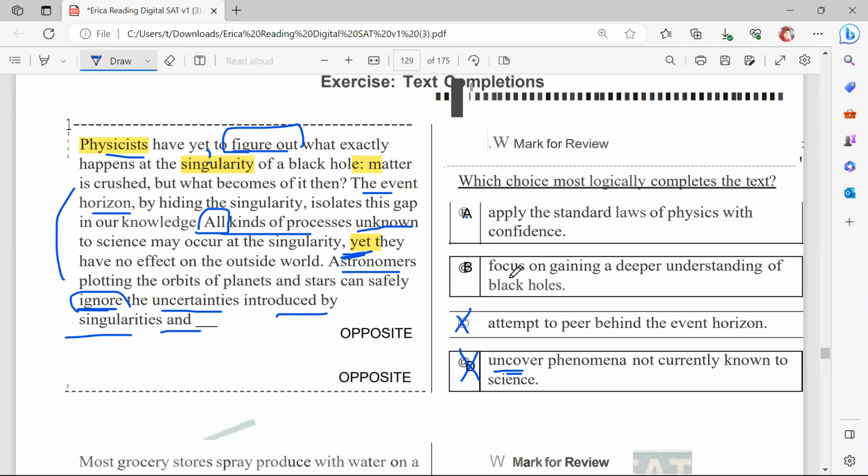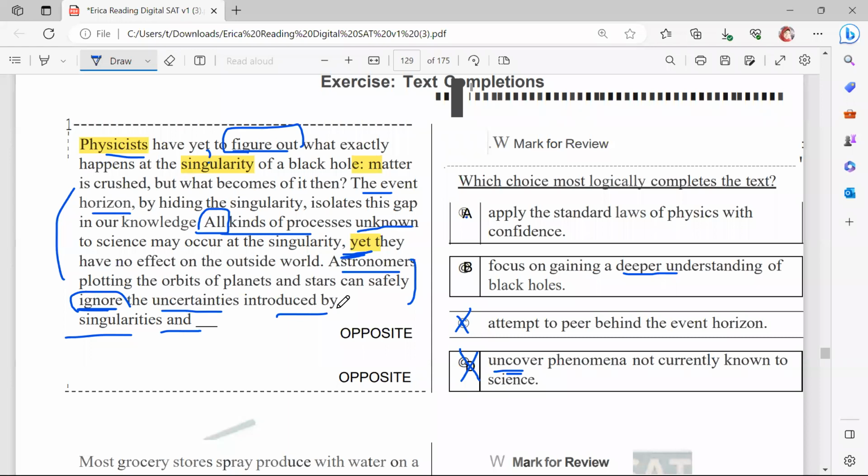Letter B: focus on gaining a deeper understanding of black holes. Does it go with the same tone here? We need to focus deeper on black holes? No, this choice B goes beyond the focus of the passage. We don't have to go for deeper understanding.